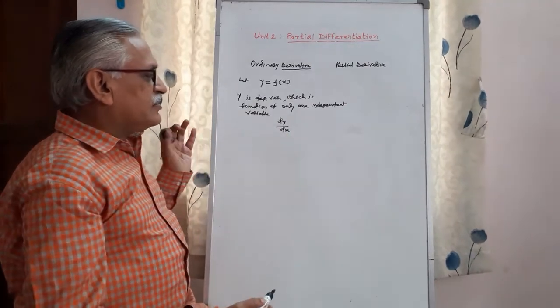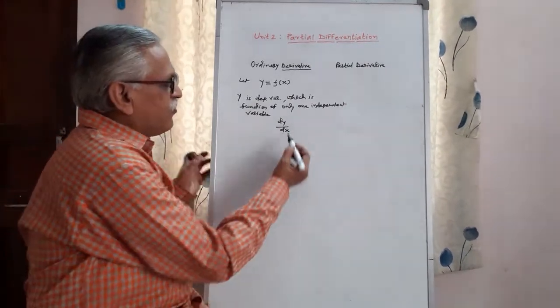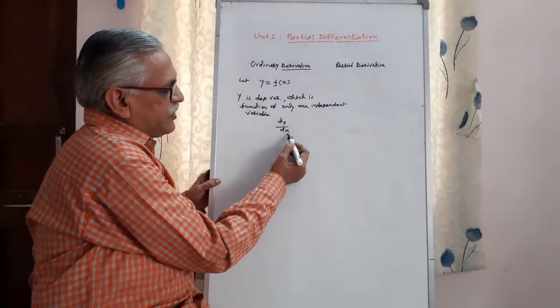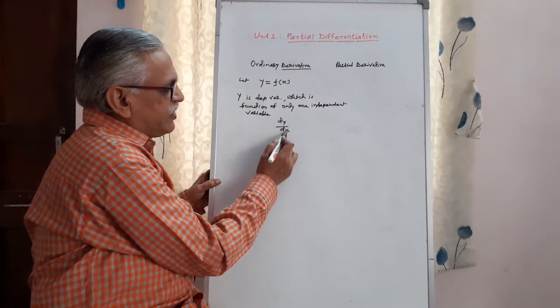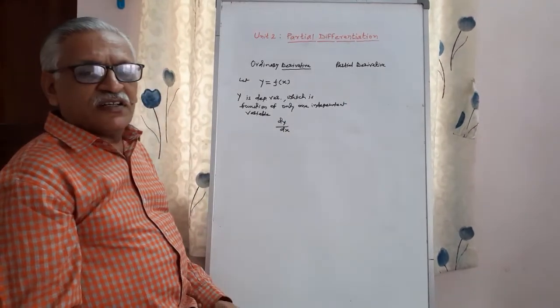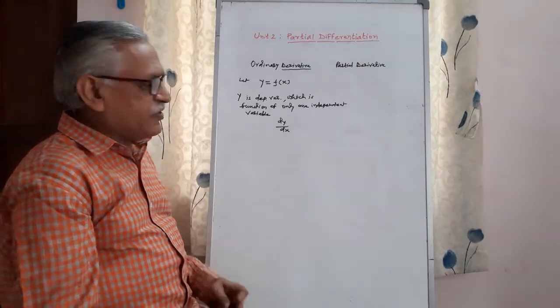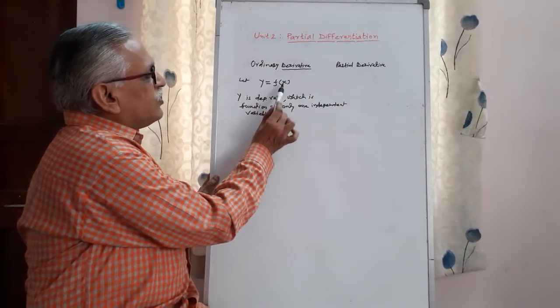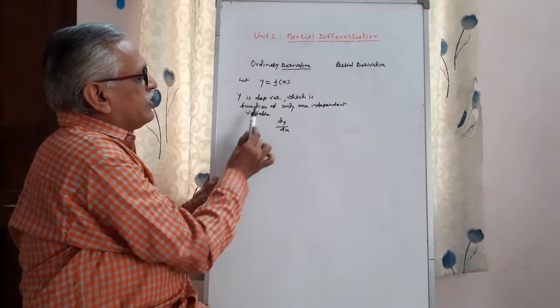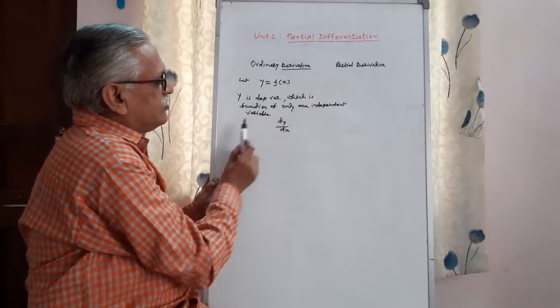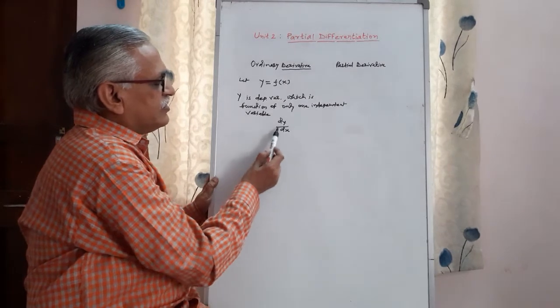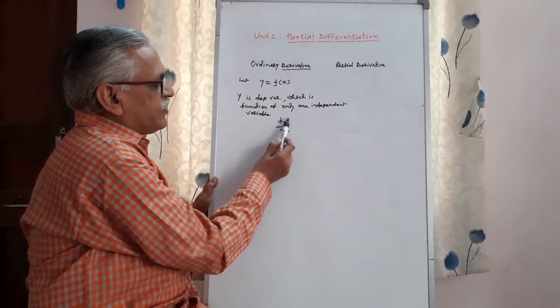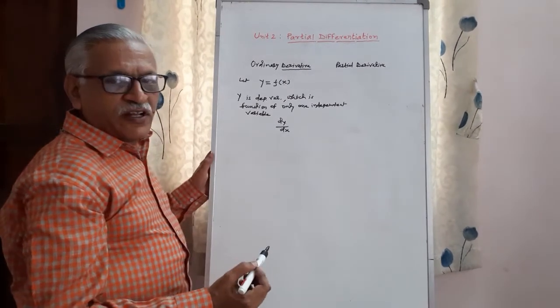That rate of change of one variable with respect to change in the other variable is nothing but the derivative. Therefore, once again I will repeat, if it is a function of only one independent variable, whatever the derivatives we are finding, that type of derivatives are called as ordinary derivative.